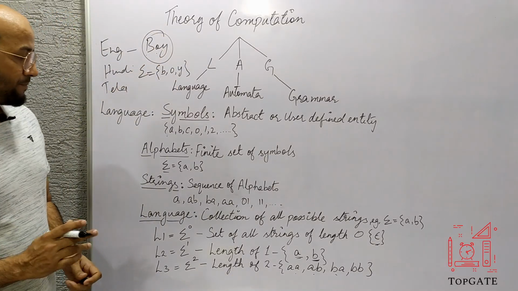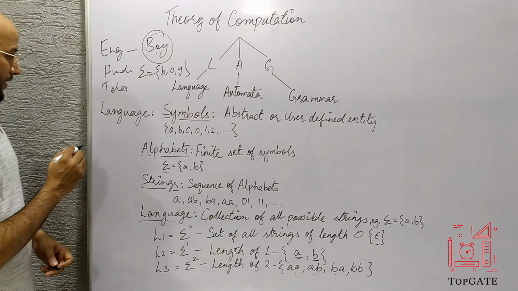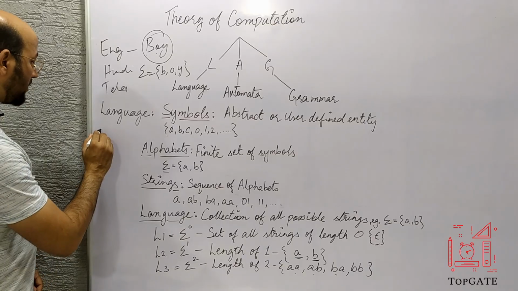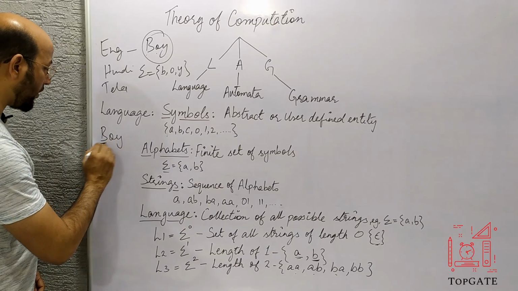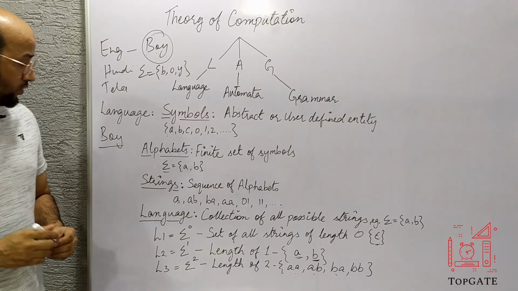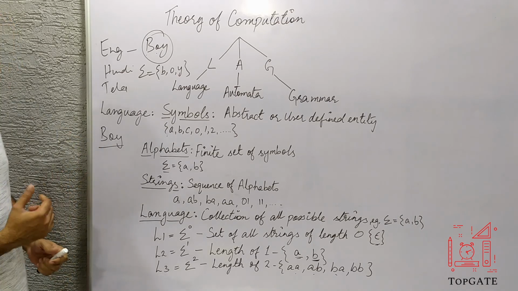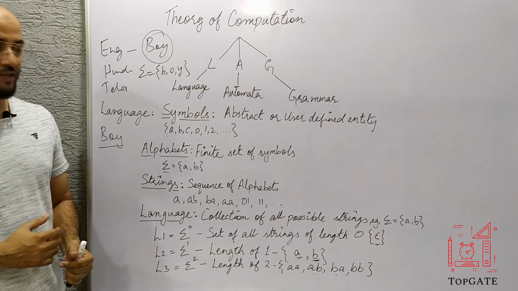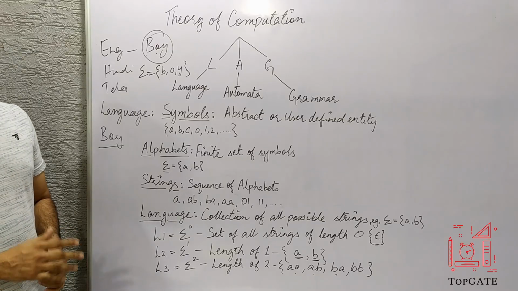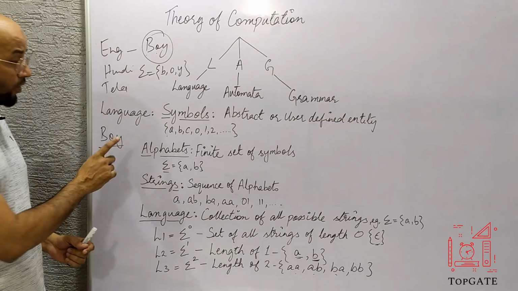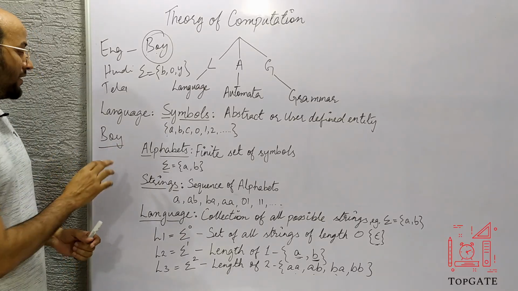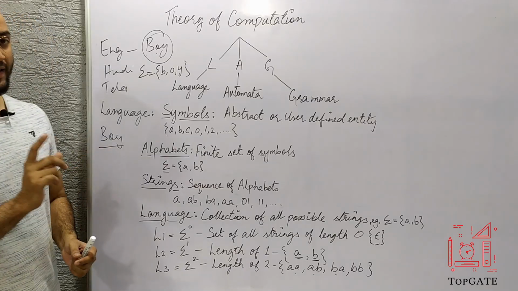Now suppose I give you a word called boy, and I ask you which language this word belongs to. You have your Oxford dictionary, you open that dictionary, and if you find the word boy written in there, then you will tell me that boy is an English word.